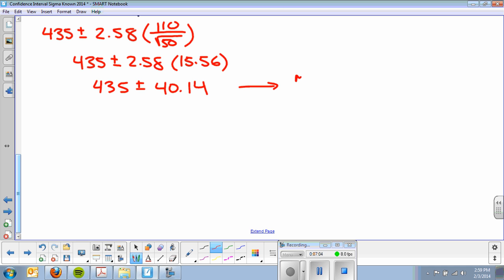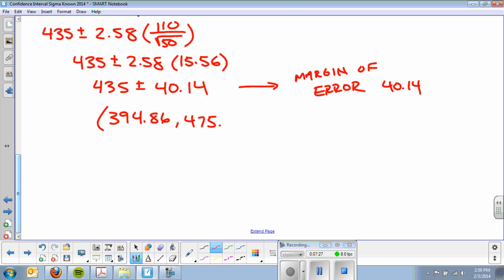Friendly reminder that that's the margin of error. Alright, that 40.14. Subtract it from 435, I get 394.86. And added to that number, I get 475.14. And that's the math part.